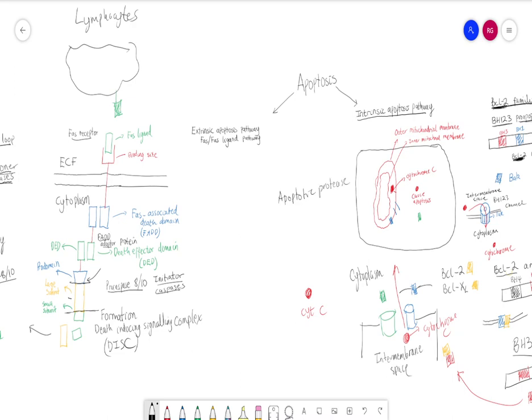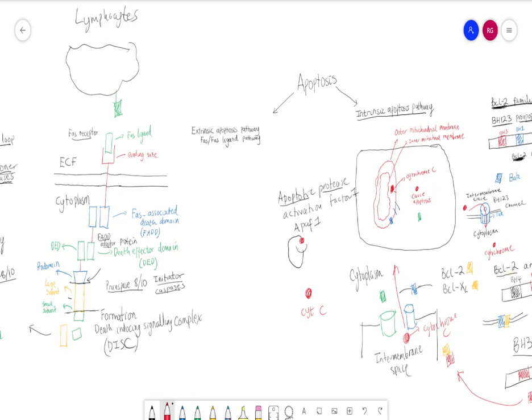Apoptotic proteases are enzymes that break down proteins responsible for apoptosis. So it's one of the factors responsible for activation of enzymes to do with apoptosis. I'm going to draw it like this.